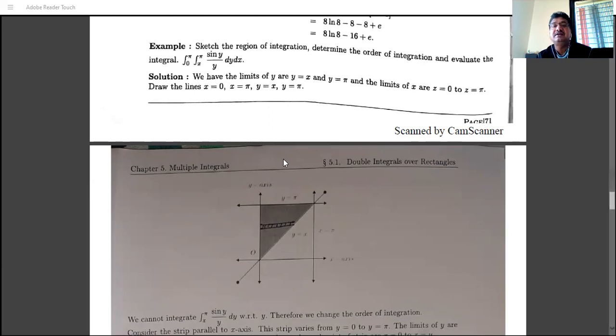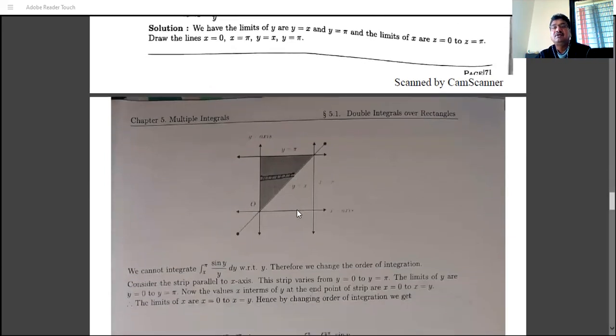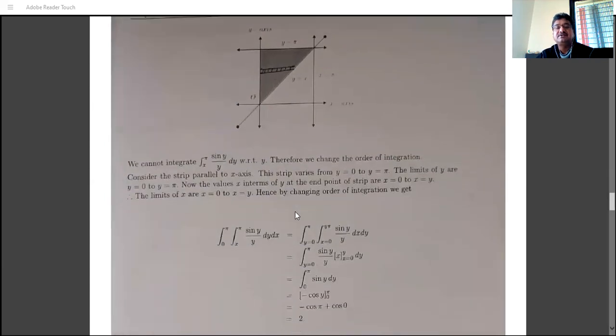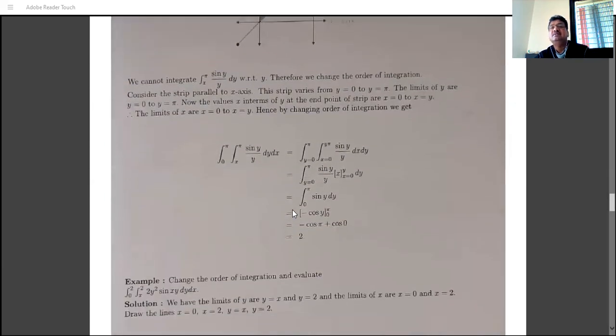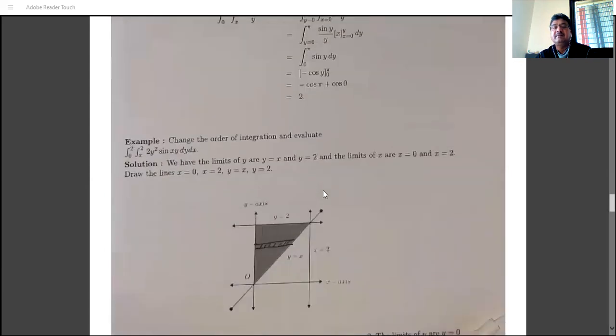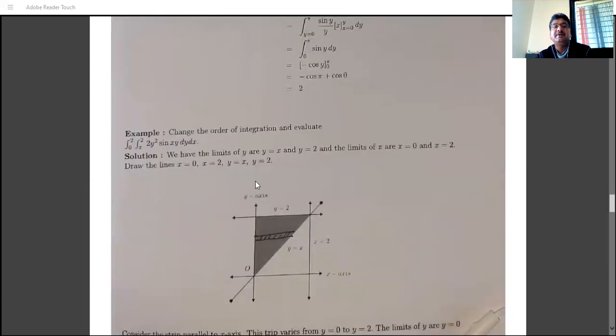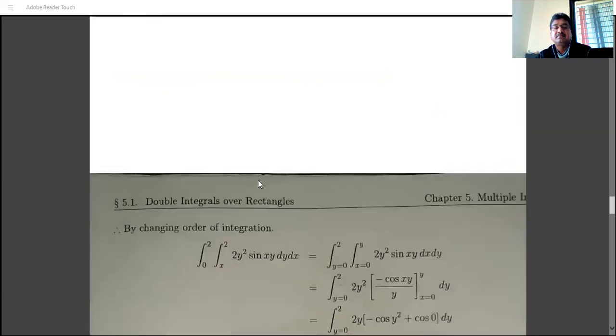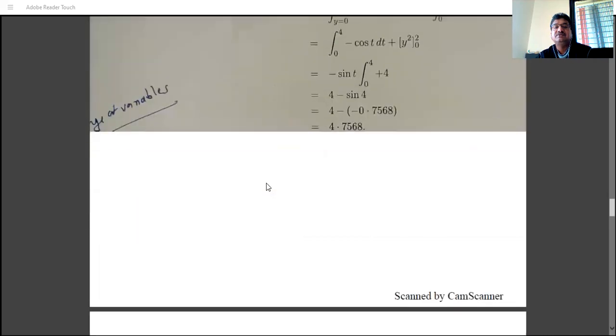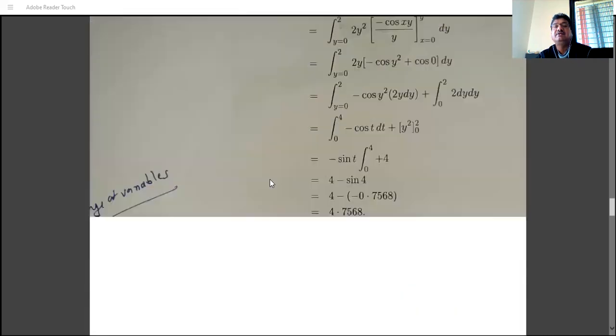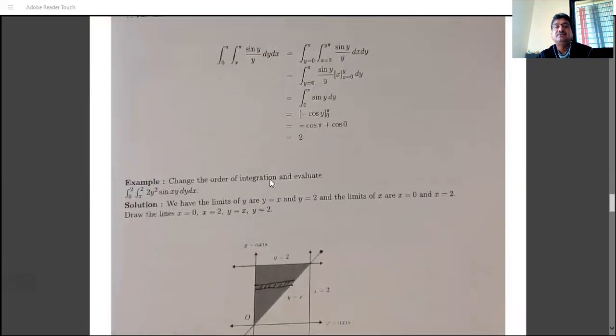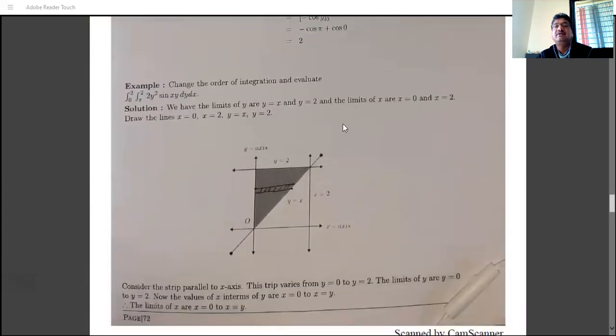To solve the integration of some complicated functions, changing the order is a must; it is important. It is a requirement of that example. Next, we will see similar examples where we have to change the order of integration and evaluate. We will see that in the next lecture.